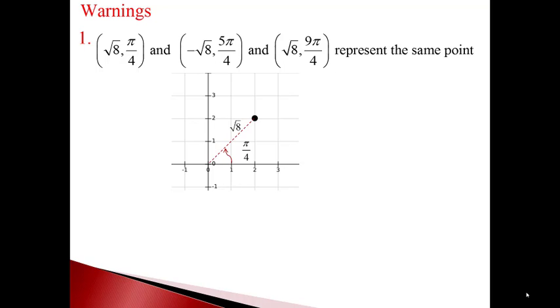The non-uniqueness of representation in the polar coordinate system causes some difficulties, but this can be handled by exercising a little care. Next, the origin O has polar coordinates (0, theta) for all angles theta.